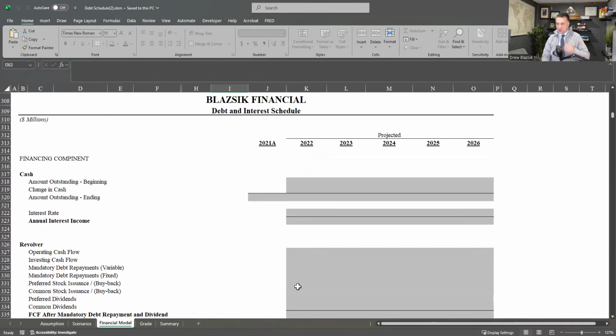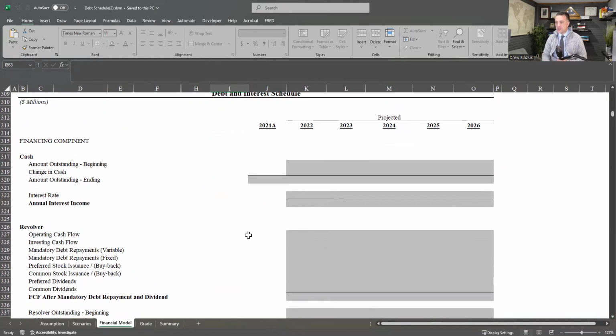Okay, the first thing we're going to do, there are two steps. We're going to find out how much cash we have, number one, and then number two, do we have to use a revolver? So I have to figure out the free cash flow of our funds. Once I find that out, I'll know if we lose money that year, do we have enough money to pay off the revolver from the previous account?